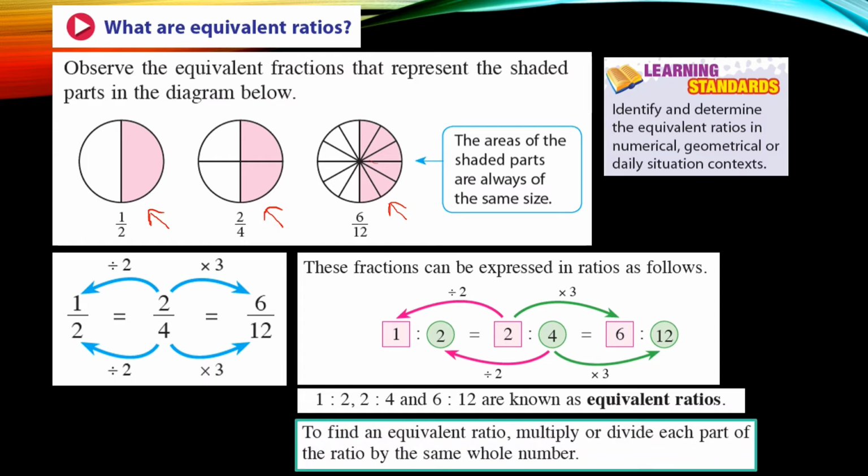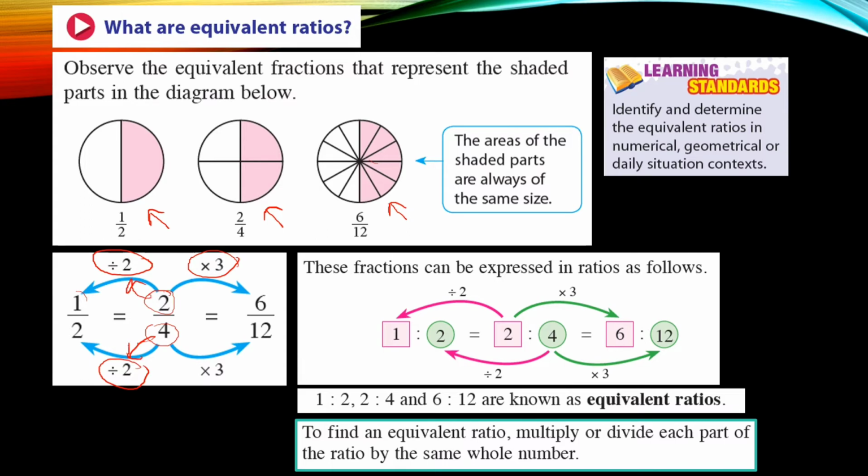To find an equivalent ratio, multiply or divide each part of the ratio by the same whole number. So in this case, it is divided by 2. 2 and 4 here is divided by 2.